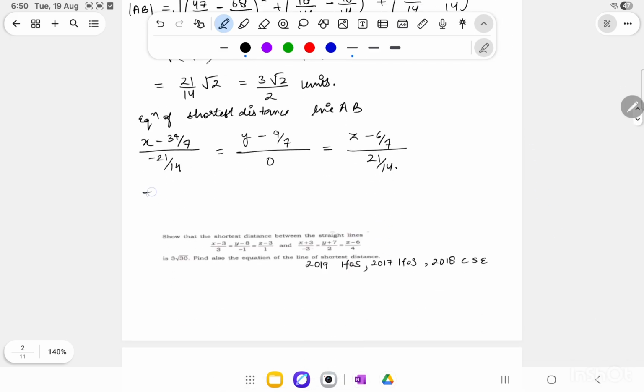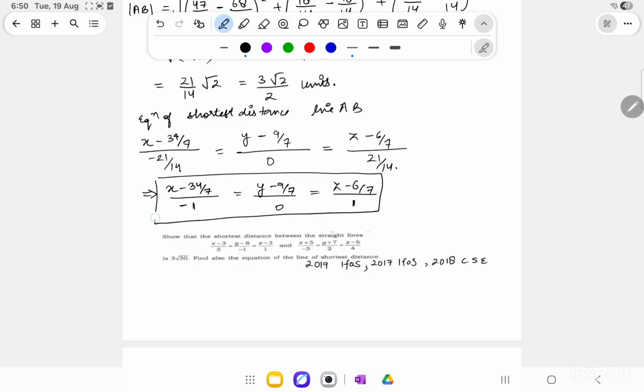If I further simplify it, I will get x minus 34 by 7 upon minus 1 equals y minus 9 by 7 upon 0 equals z minus 6 by 7 upon 1. So this is the equation of the shortest distance line.